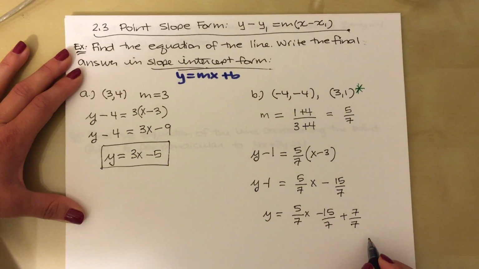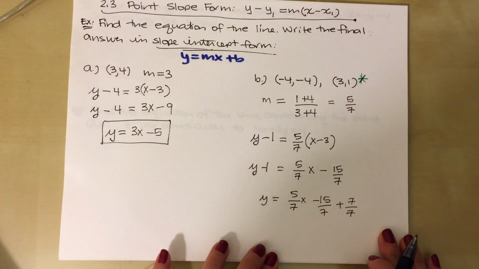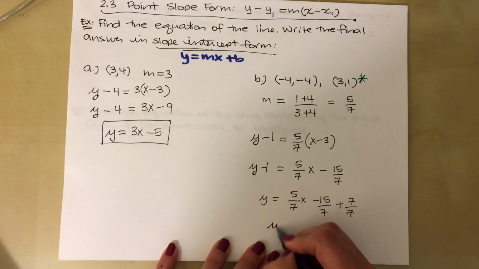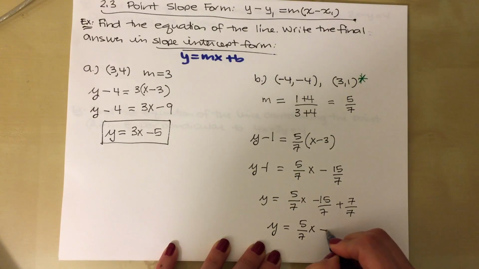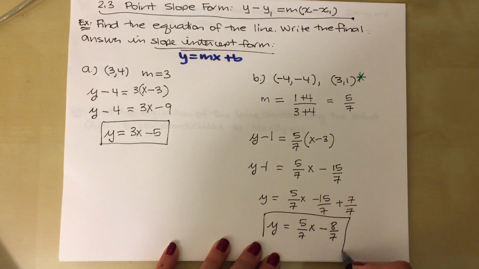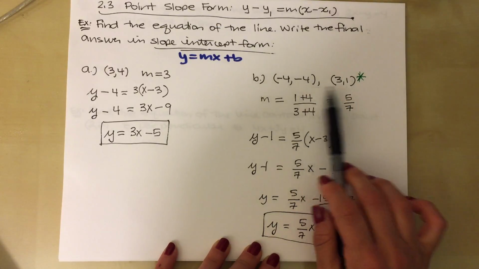That way I have a common denominator and I can just combine these. So once you combine, we get our final answer. And so we have the equation of the line that passes through these 2 points.